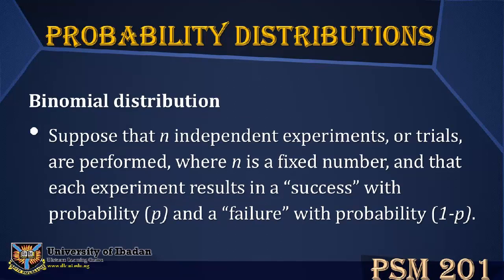Binomial distribution. Suppose that n independent experiments or trials are performed, where n is a fixed number, and that each experiment results in a success with probability p and a failure with probability 1 minus p.